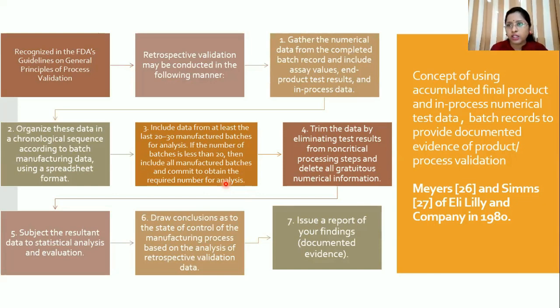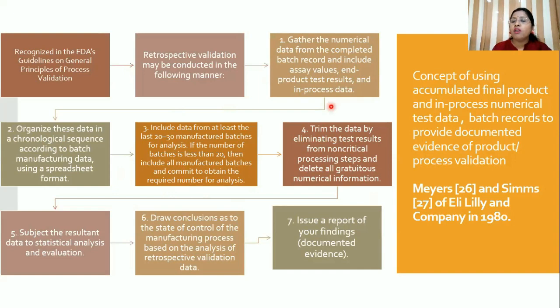I cannot say I will take only 2 to 3 of them. I have to take all 10 batches. So it depends upon how many batches you have manufactured for your product. This is the criteria you have selected, which includes all manufactured batches and commits to obtaining the required number for analysis.